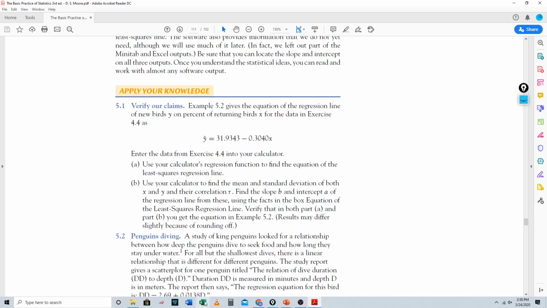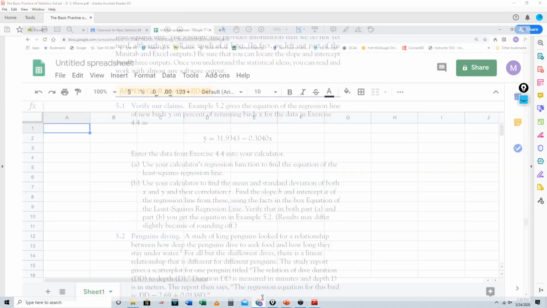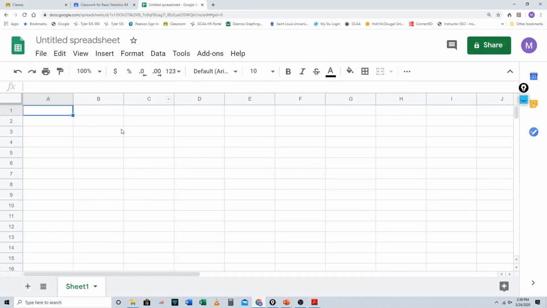To do that, I will need to go to Google Sheets I have open. And I'm going to need to put the data in from 4.4. Now that's from chapter 4, table 4.4.